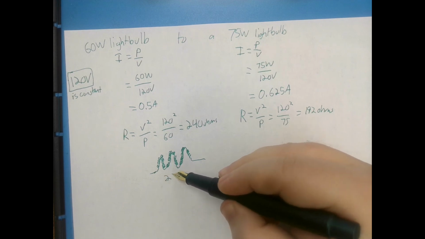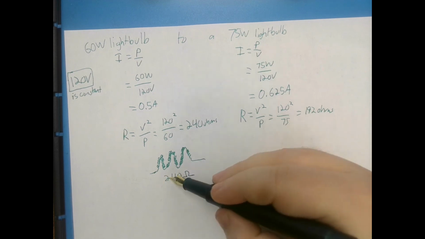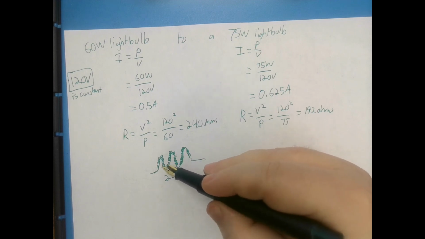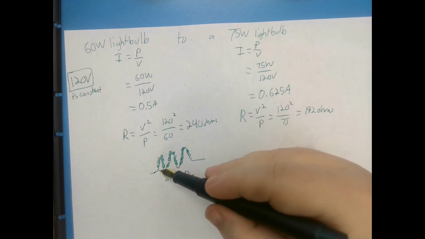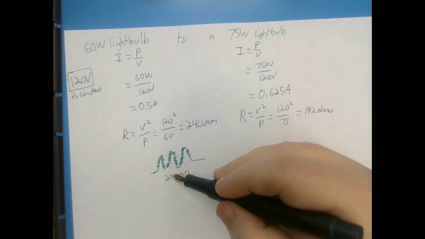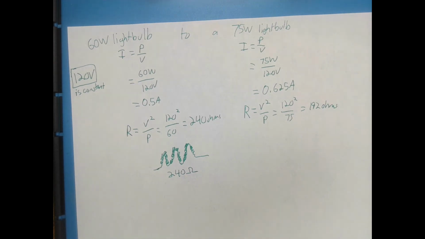They just make it so that the wire has a resistance of 240 ohms. They control the thickness and how much wire is here, and they keep adding coils until we get to 240, and that produces a 60-watt light bulb.